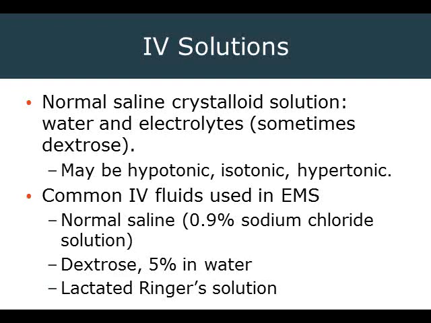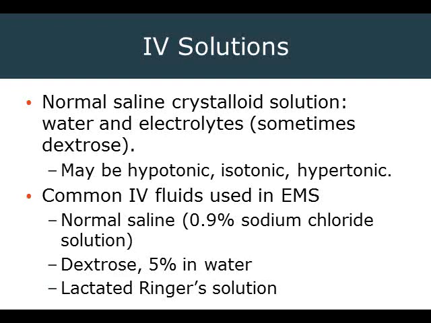Remember, we may have hypo, hyper, or isotonic solutions, and I believe we talked about this some time ago. A hypotonic solution is a solution that has a lower oncotic or osmotic pressure than that of blood. Hyper is higher, and iso is equal.